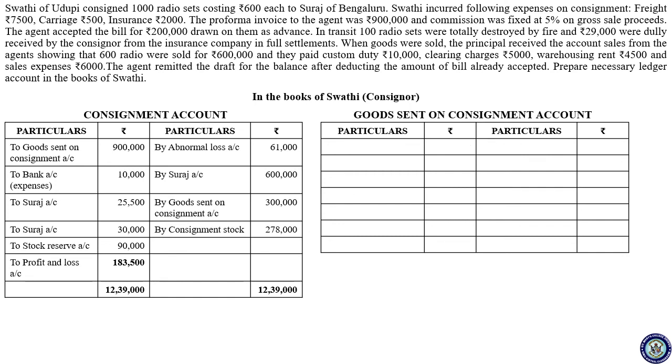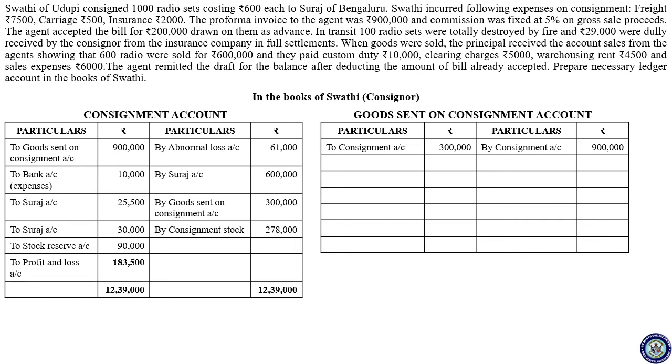Next ledger account, that is goods sent on consignment account. First one, that is by consignment. In consignment account debit side, you have written to goods sent on consignment. So in goods sent on consignment account, it is by consignment.